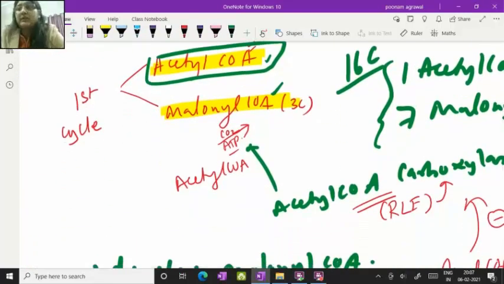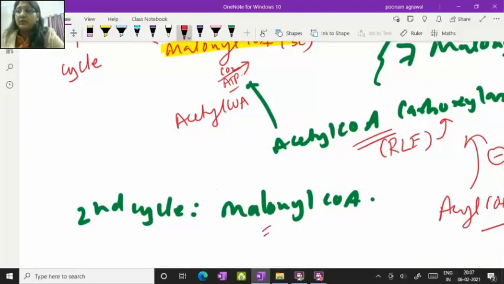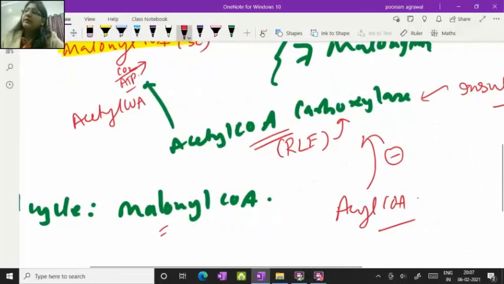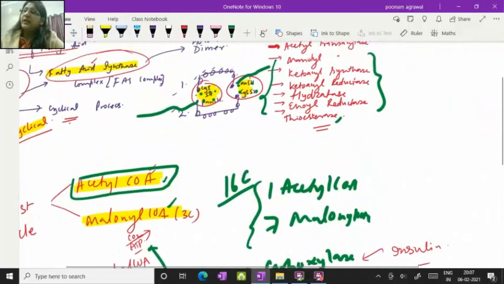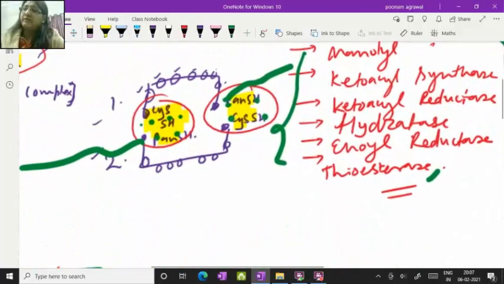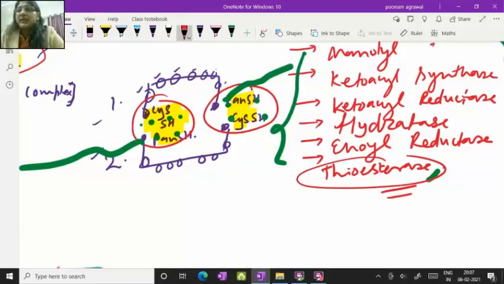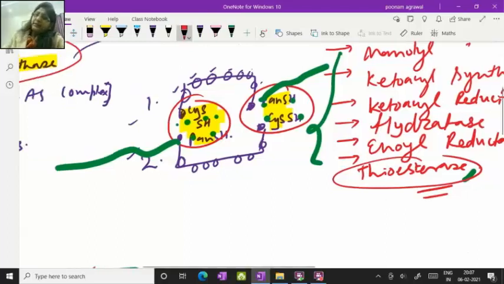The first cycle precursors are these two. From the second cycle onward we require only malonyl-CoA, and after 7 cyclical reactions we will have a 16 carbon fatty acid chain at the pantetheine site of the FAS complex, from where it is cleaved out by the action of the thioesterase enzyme. So this is in a nutshell the synthesis of fatty acid.